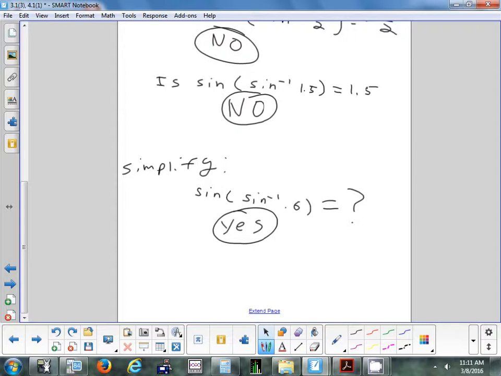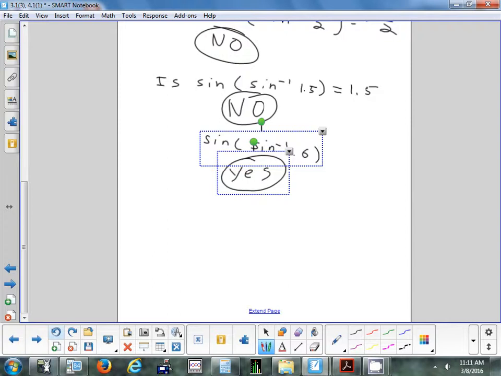Yes does not tell me anything. If it says simplify, I'm looking for the number here. So what is the sine of the inverse sine of 0.6? 0.6. In the case where it says simplify, I want you to write 0.6. Don't write yes. If it's a true-false kind of question like this, then you can write yes.